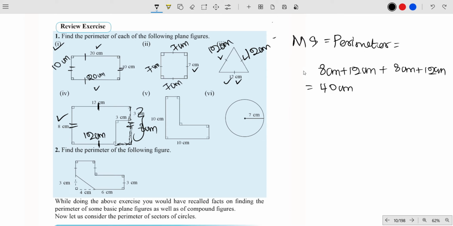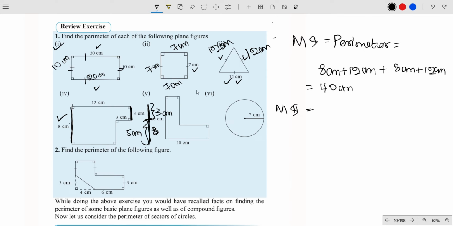And method number 2 is this. We have been given that this is 3. So in total we know that this one is 8, so this one is also 8. But this part is 3. So this part will be 8 minus 3, which equals 5 centimeters.